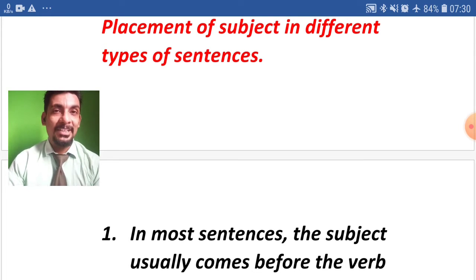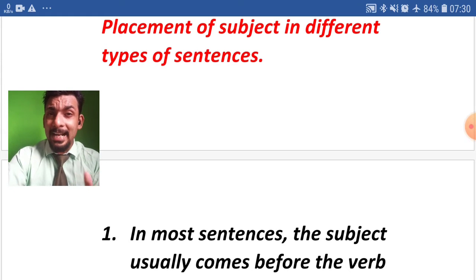Then I told you that, as the name of the chapter suggests, subject and predicate, predicate includes two parts, verb and object. Means verb and object, they both make the predicate.